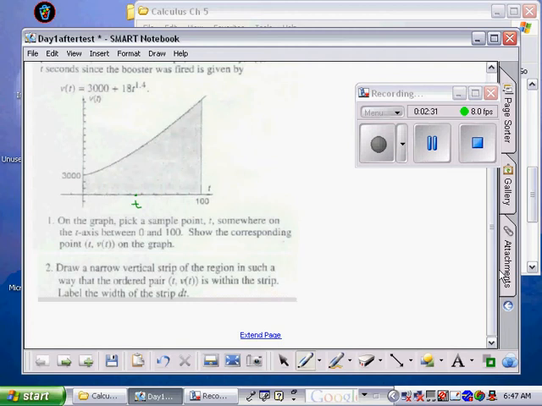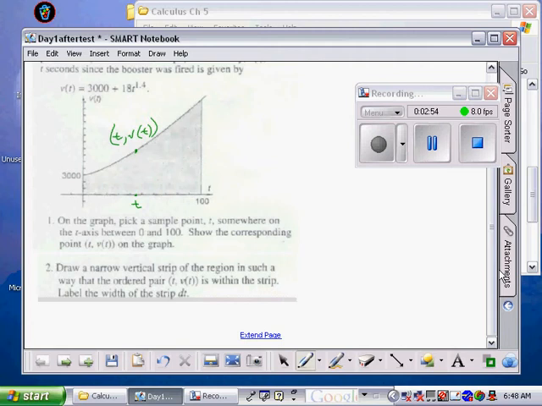So you want to go straight up from it to the curve, put a point up here, and label it v of t. And that's all there is to number 1. It's not very difficult there.